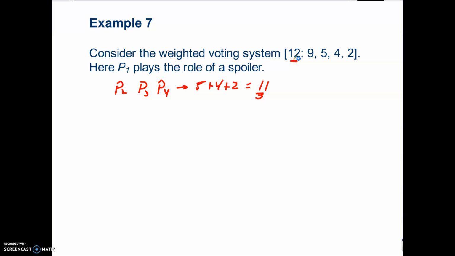So it's not really a dictator, but player 1 has veto power. He's not a dictator because he can't pass a motion on his own, but he can certainly keep it from passing if he so chooses. So we say that player 1 here has veto power.